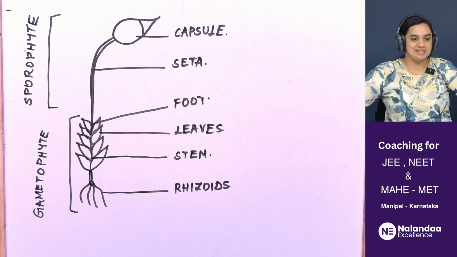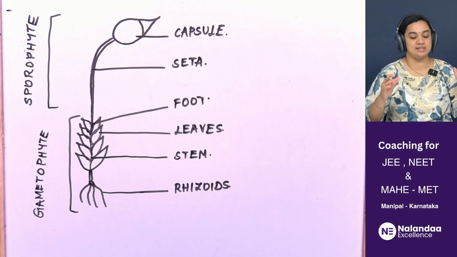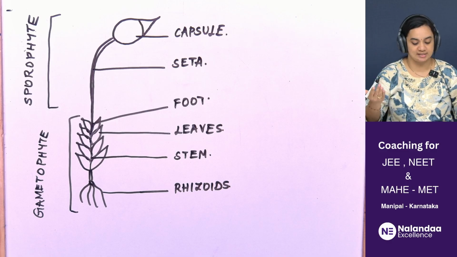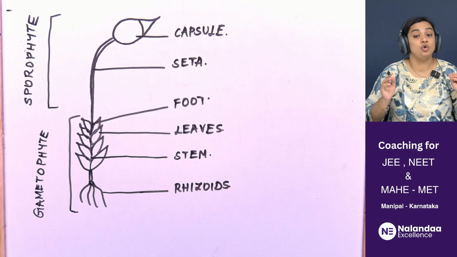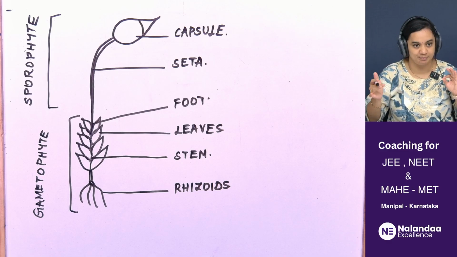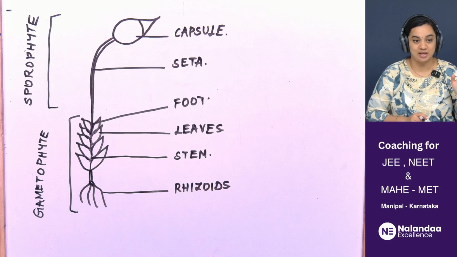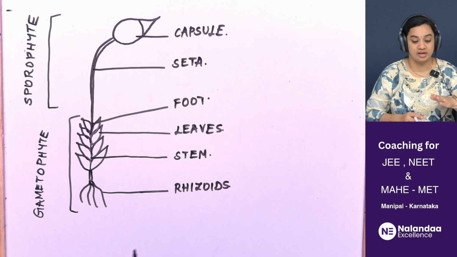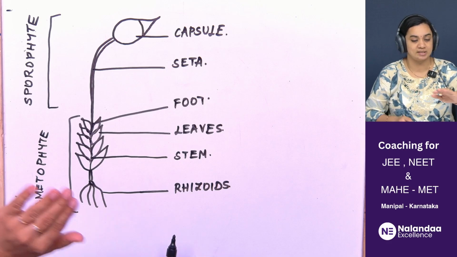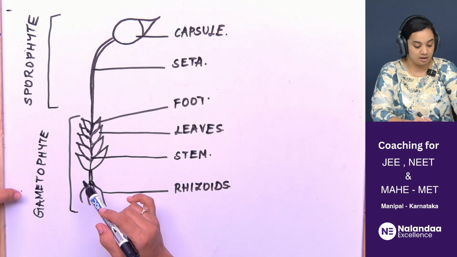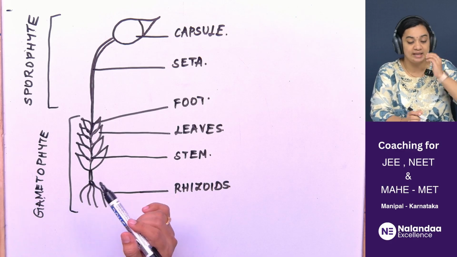Now in this case, the stark difference between mosses and liverworts is that liverworts grow closely appressed to the substratum, whereas mosses grow vertically upwards from the substratum. They're not creeping or prostrate. Okay, that is the difference. Liverworts are prostrate, meaning they grow parallel to the substratum, whereas mosses grow vertically upwards.